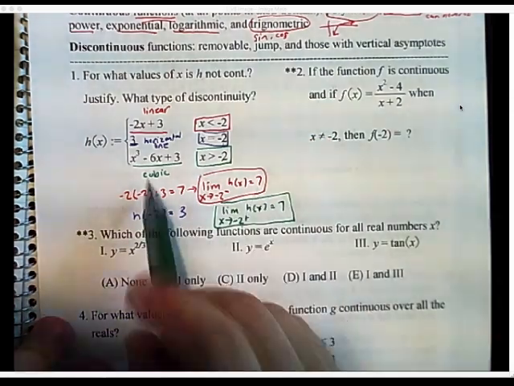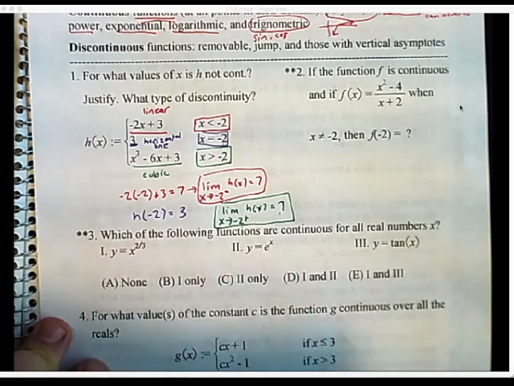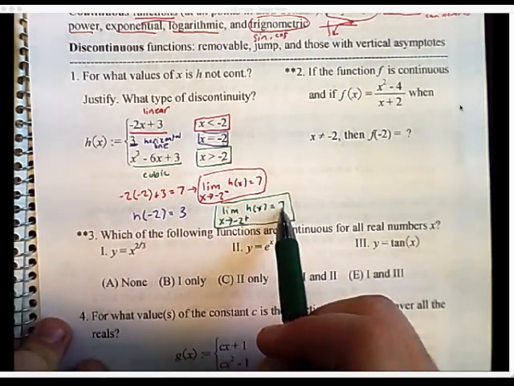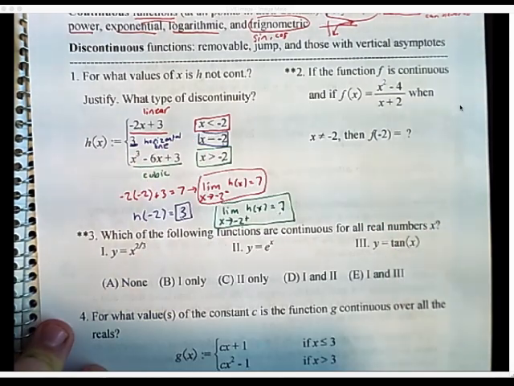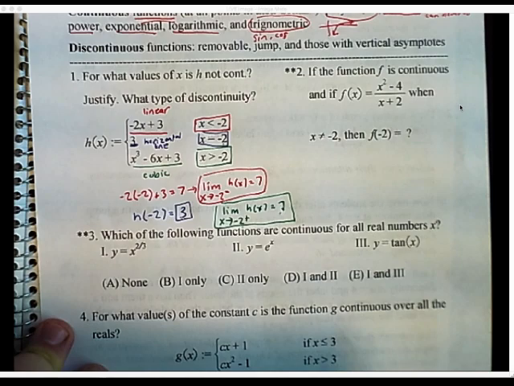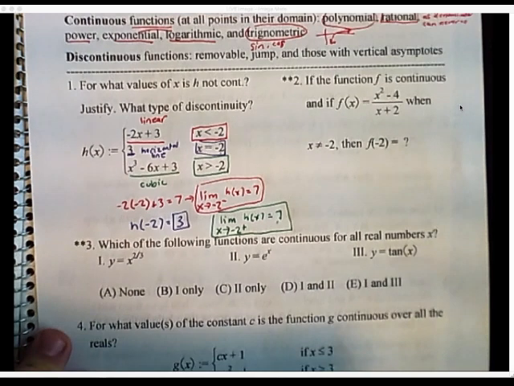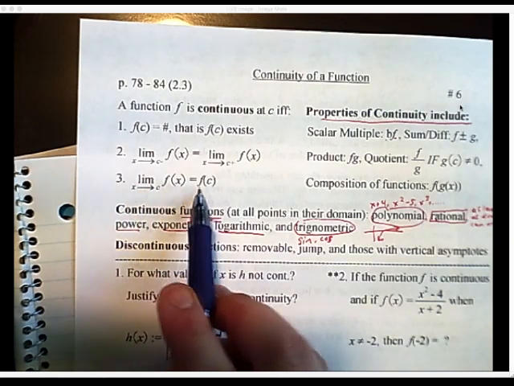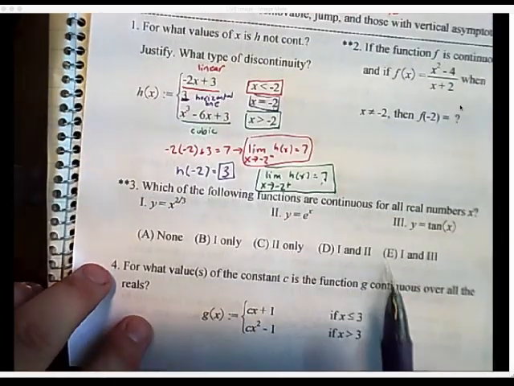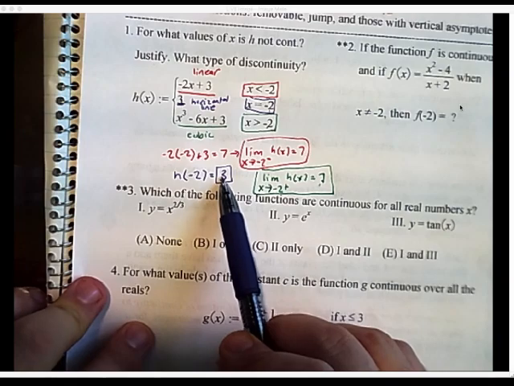When I plug -2 in there, I get 7 as well. So the left limit equals the right limit. So that met condition 2. The function value exists, so that met condition 1, but where does it fail? Which condition does it not meet? It doesn't meet this third condition. The limit doesn't equal the function value because 7 does not equal 3.